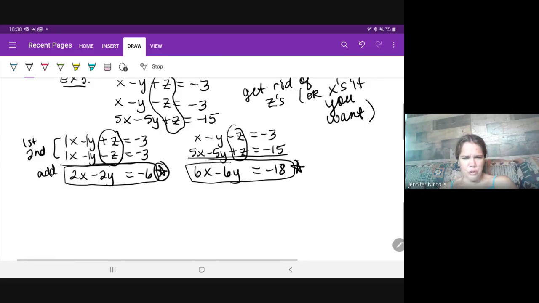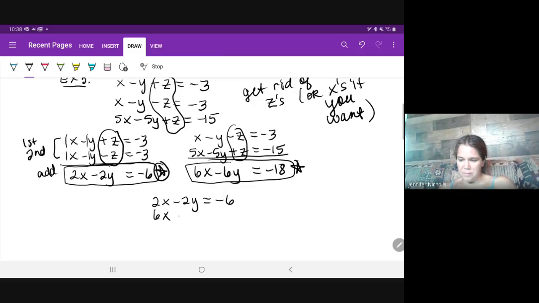What do you do with your 2 starred? Stack them? These are your 2 starred? Okay, what do you think? Elimination.